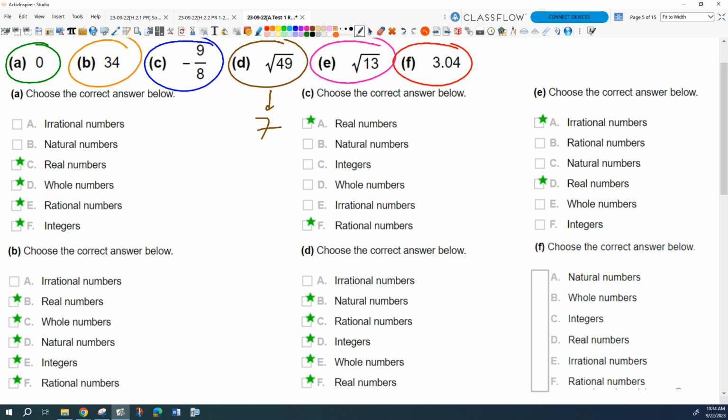So if it's a terminating or a repeating decimal, what kind of number is that? Rational. If it's a random one that doesn't repeat and doesn't terminate, just goes forever randomly like pi or any square root, then that would be irrational. But this one is rational, and then it must be real also, right? But that's it. Because it's got decimal places, it can't be any of the other stuff.